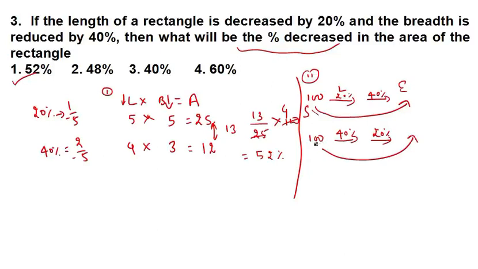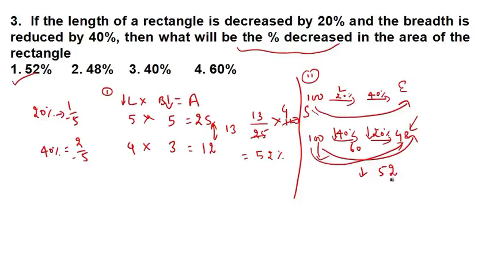So it is said it got reduced both times. If I reduce 100 by 40%, I'll get 60. And this 60, if I reduce by 20% again, I'll get 48. Now see, what is the net change? Net change is 52. Before it was 100, now it became 48, so it got reduced by 52.